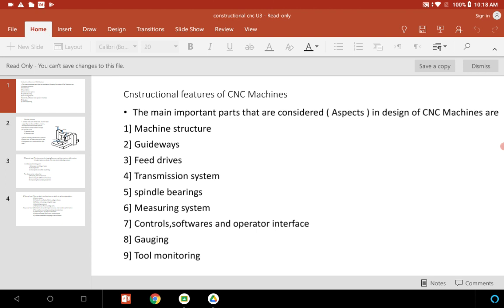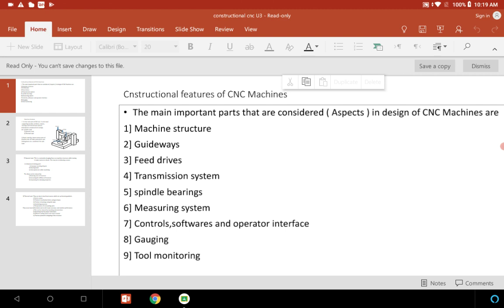The guideways are the moving parts like bed movement, then feed drives, then how the power is transmitted from the initial drive to the spindle or for the cutting tool, then spindle bearings, then measuring system, controls, software and operator interface, gauging, tool monitoring, etc. These are the 9 important parts of the CNC machine.